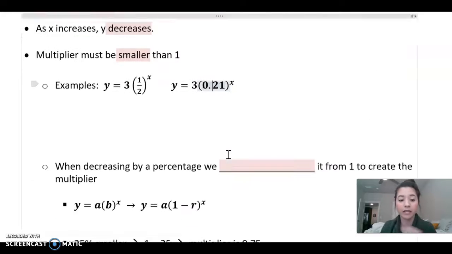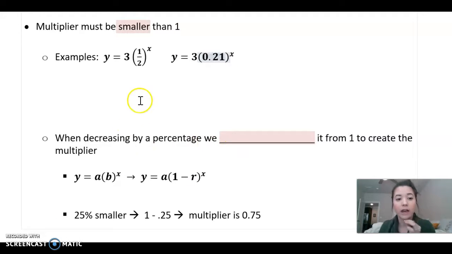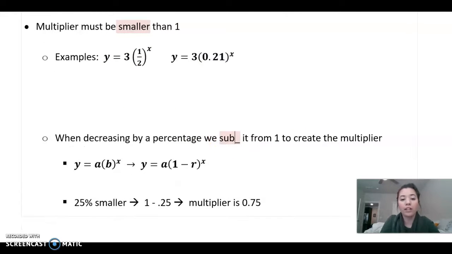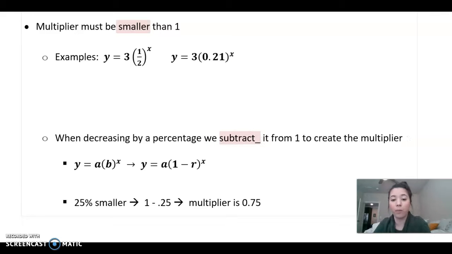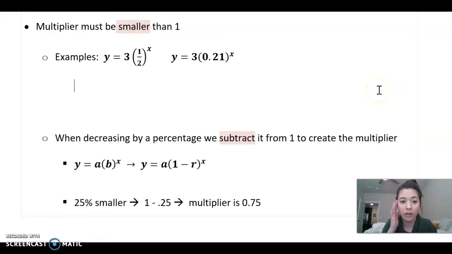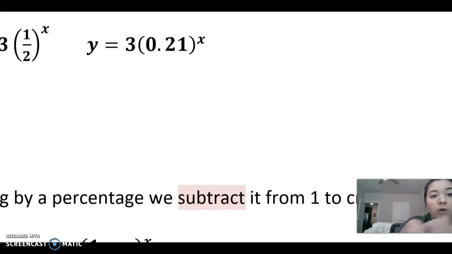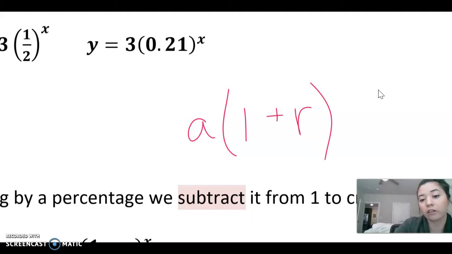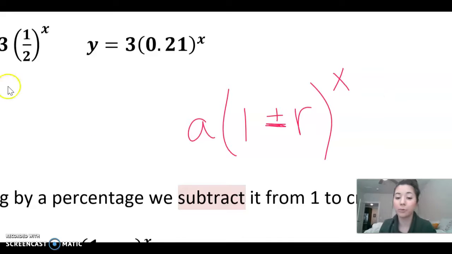Now the key difference here is that for a decay, when we are decreasing by a percentage, we are going to subtract it from 1 to create our multiplier. So our new exponential equation that we learned on Tuesday was 1 plus r to the x. What we're learning today is that it can be plus or minus depending on if it's an increase or decrease.